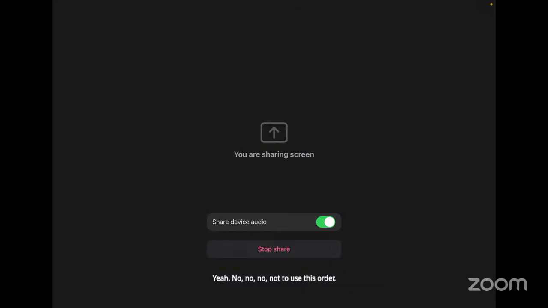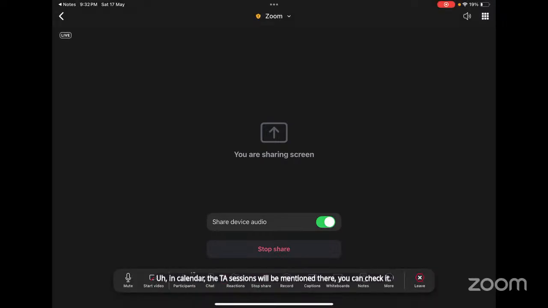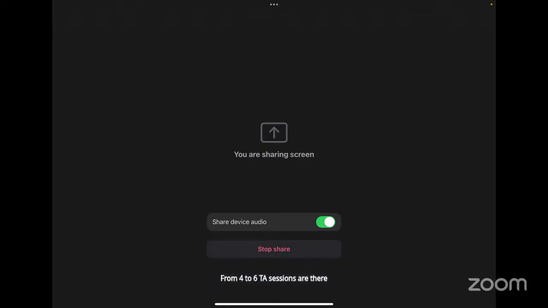I guess it's Tuesday, Thursday, Saturday. I'm not sure. You can check it in the calendar. It's not very clear. It says 2:30 p.m. In the calendar, the TA sessions will be mentioned there. From 4 to 6 TA sessions are there. I'm not very sure about the dates.